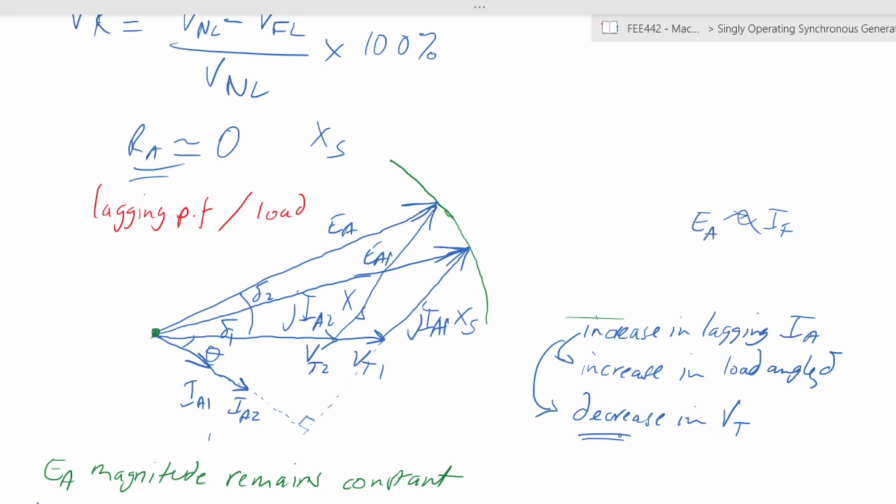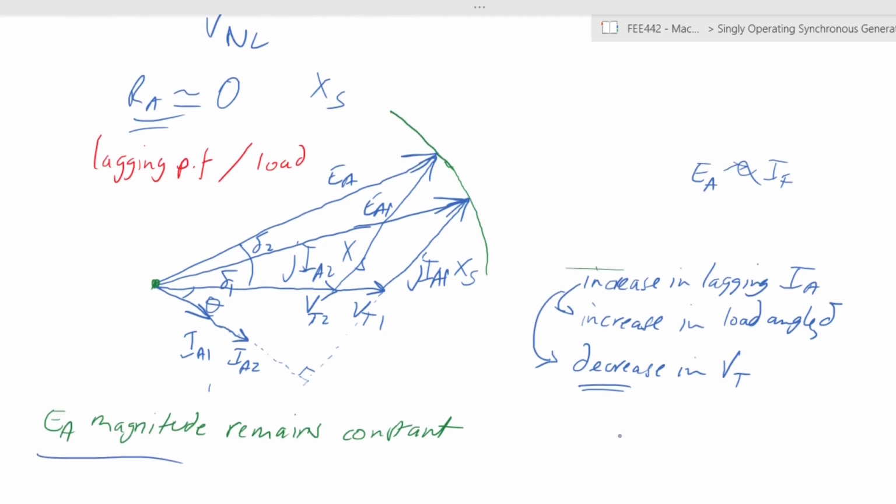Even in your house, if you suddenly switch in your immersion heater or a high heating load, what will happen to the lights? The lights will dim. So that is reflected here. If you have a lagging load that is added to the load, it tends to decrease your terminal voltage, the voltage that is available at the terminals.